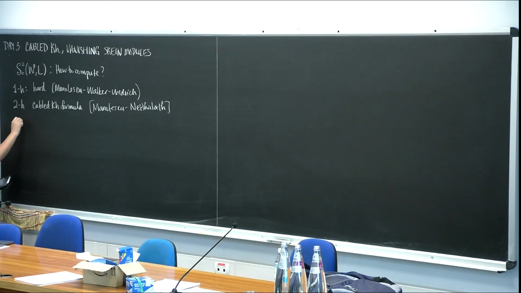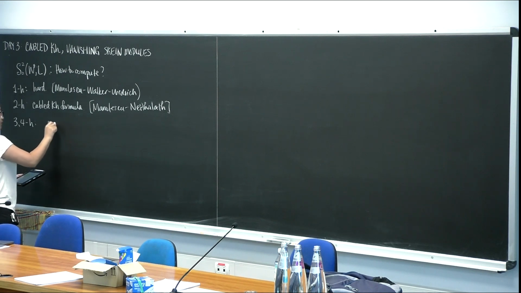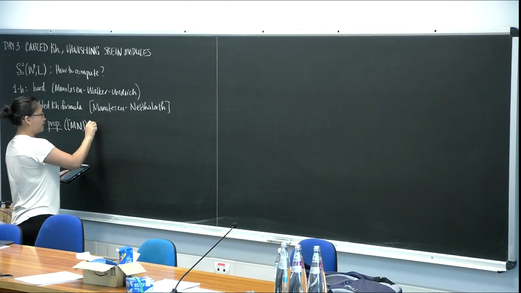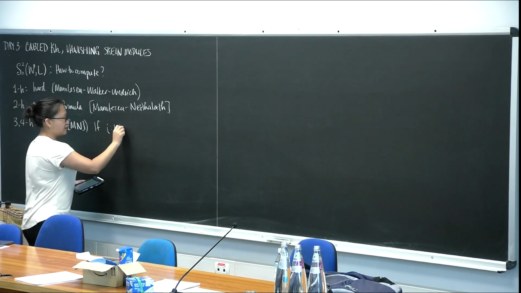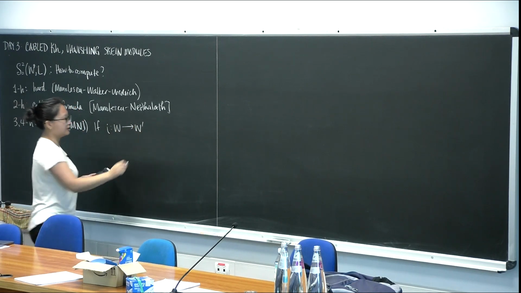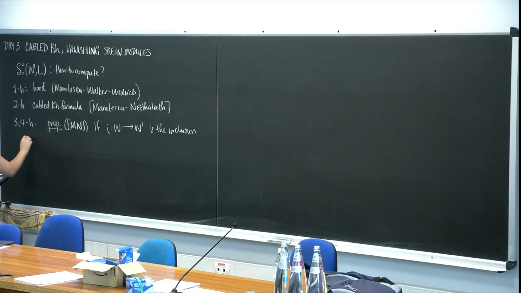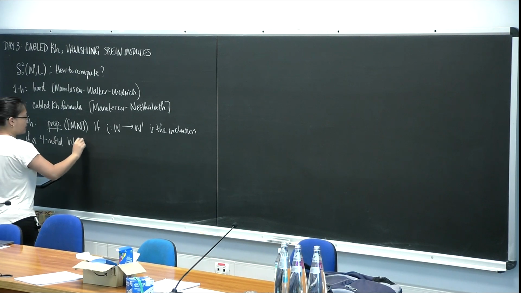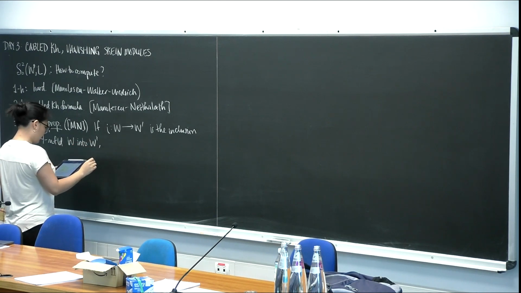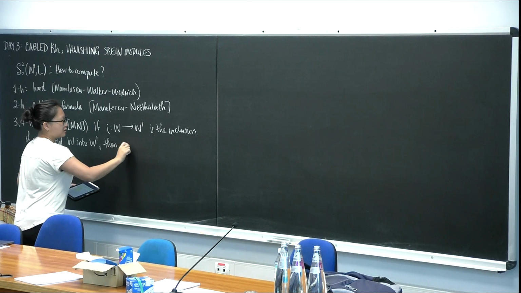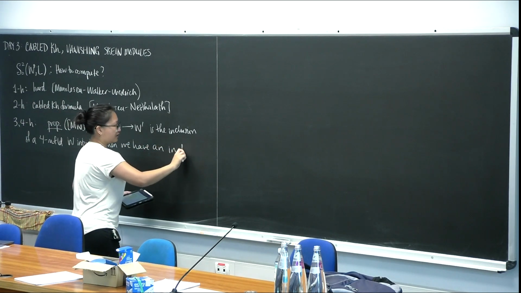And then there's 3- and 4-handles, which I will not say very much about because there's this proposition by the authors of this paper right here that says, if W to W prime, these smooth 4-manifolds, is the inclusion of W into W prime, then we have an inclusion map.